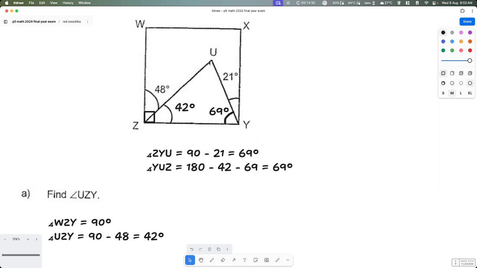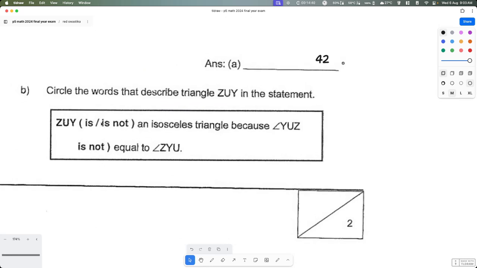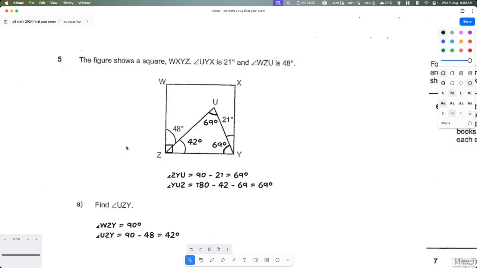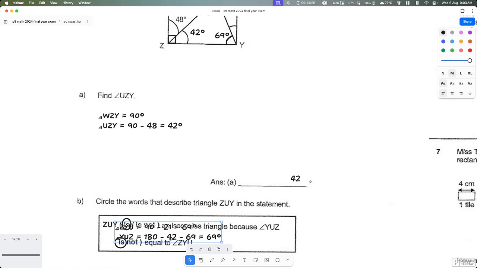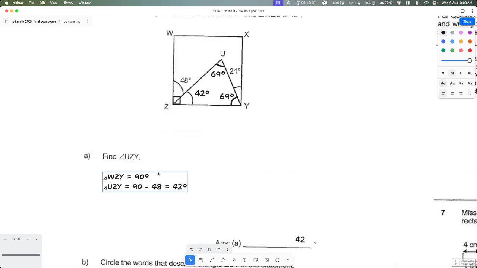Okay, so I'm gonna draw this and then paste it over here. So the answer to this is to circle isosceles, because ZUY is an isosceles triangle because angle ZYU is equal to angle ZUY in this case over here. So I'm gonna put the workings below here, something like this. Okay, so yes, there you go.